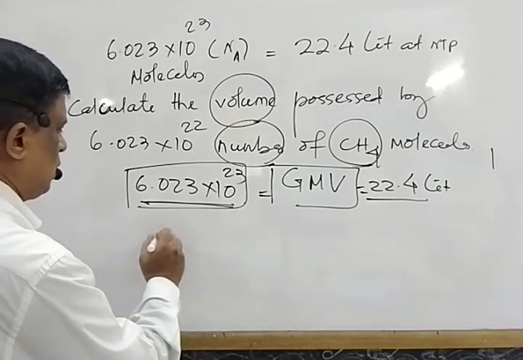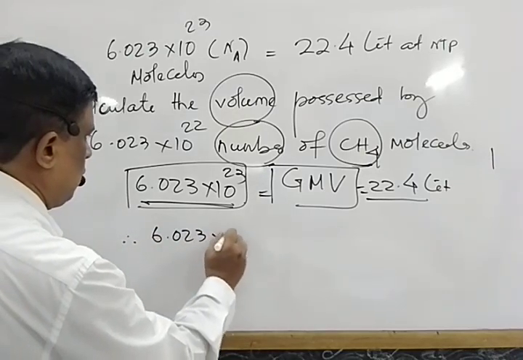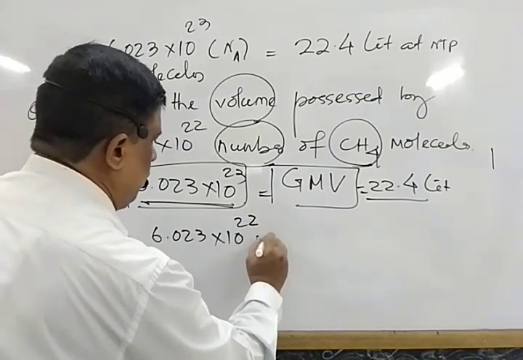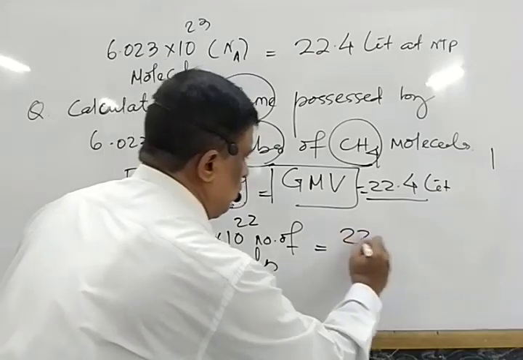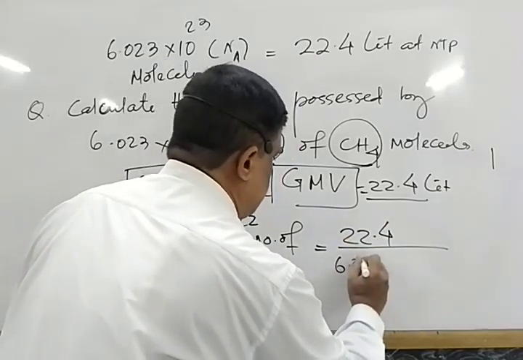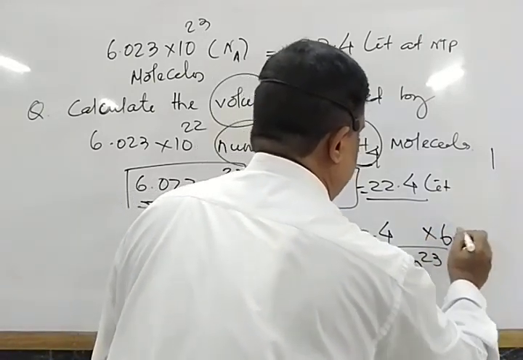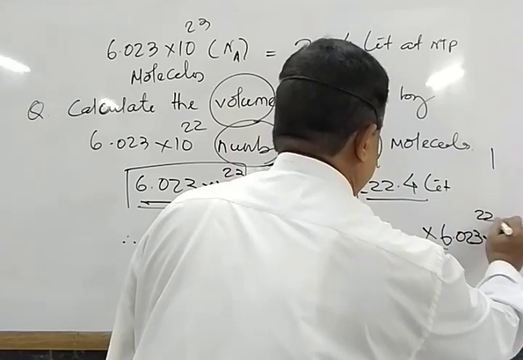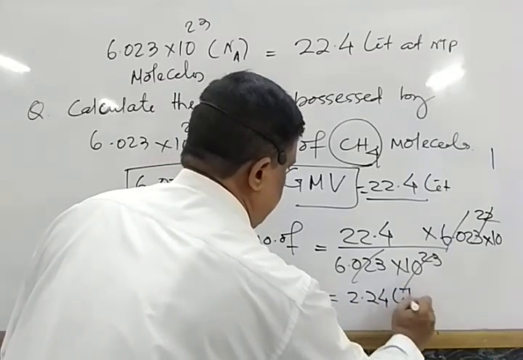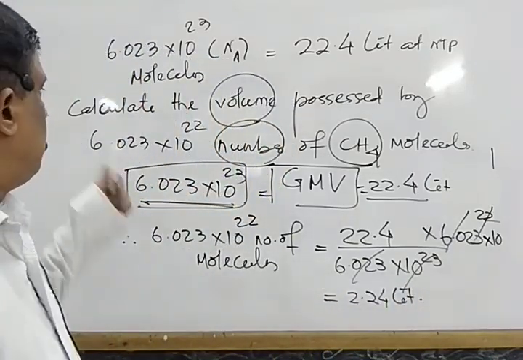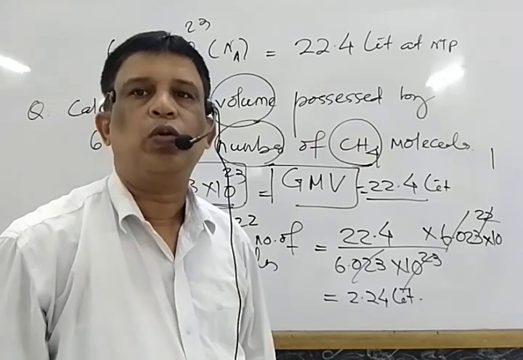Then one molecule possesses this much, and therefore 6.023 into 10 to the power 22 molecules possess a volume equal to 22.4 divided by 6.023 into 10 to the power 23, into 6.023 into 10 to the power 22. This cancels, and it is equal to 2.24 liter. Mark that. So the volume possessed by this number of methane molecules is 2.24 liter.